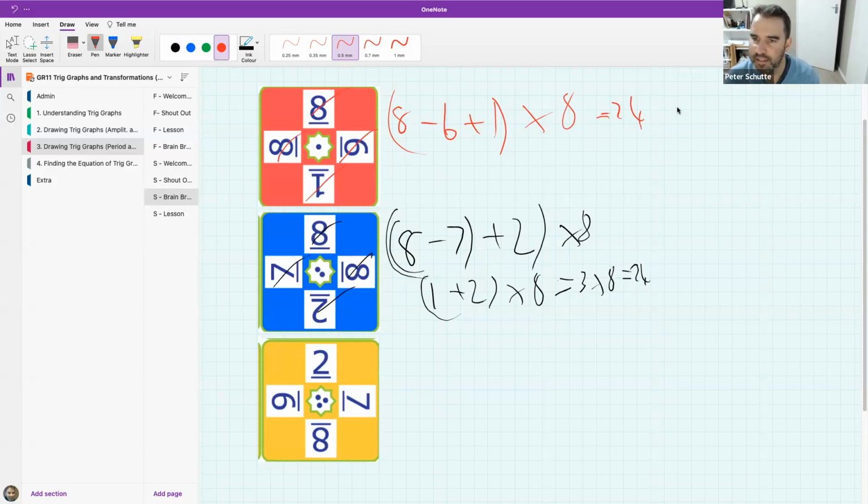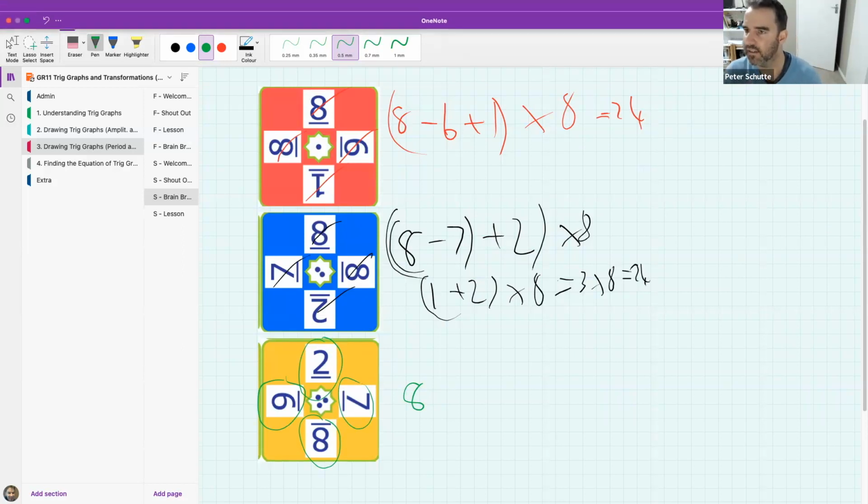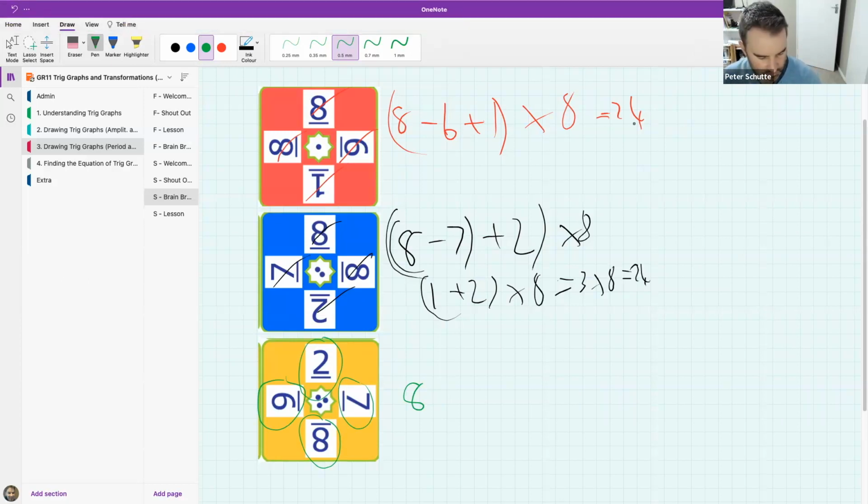Yep, that is nicely done, Paul. And then Nkazimodo has said 8 minus 4, but I don't see a 4. There's a 9 and a 2, but then you've only got an 8 and a 7. So you're close, but not quite. All right, I'm going to leave the yellow one for now, unless someone gets in at the last second. Let's go back to the lesson.